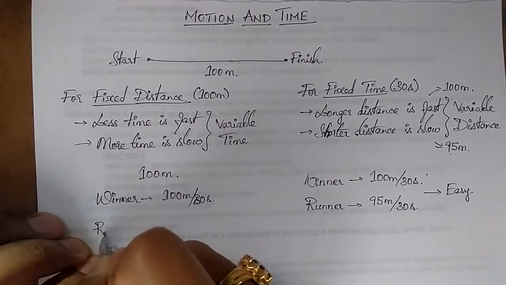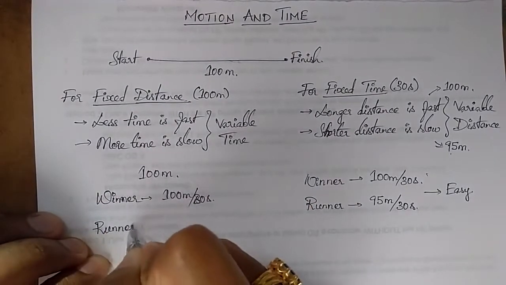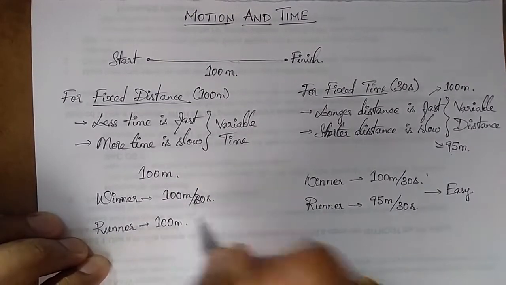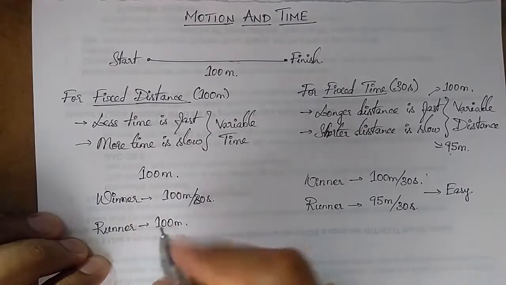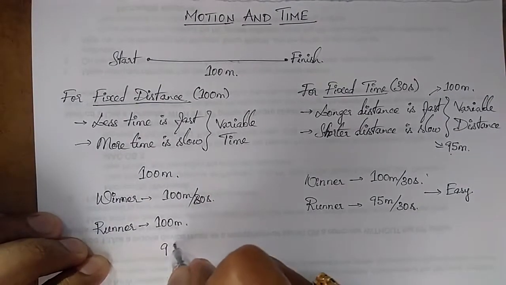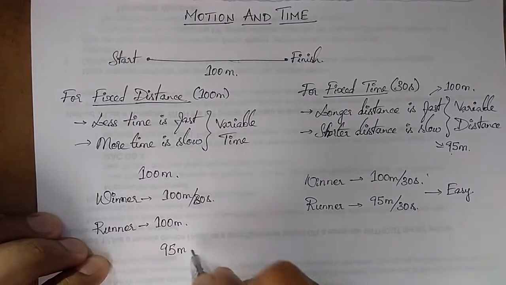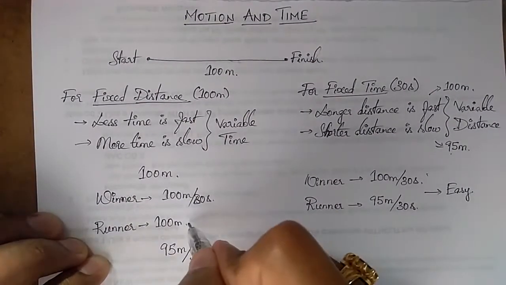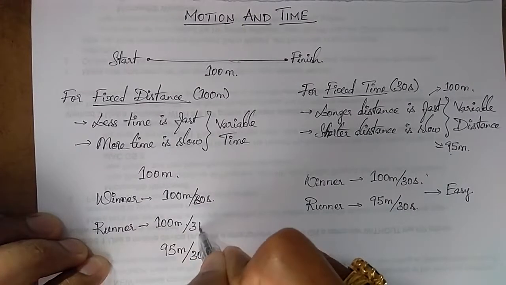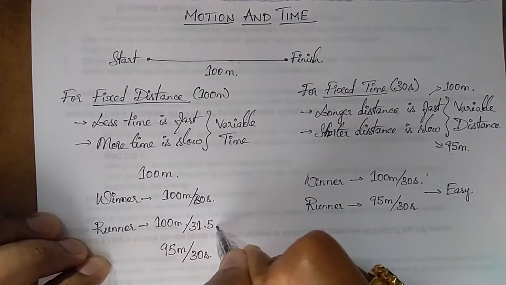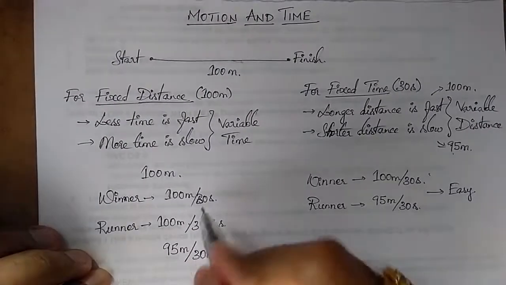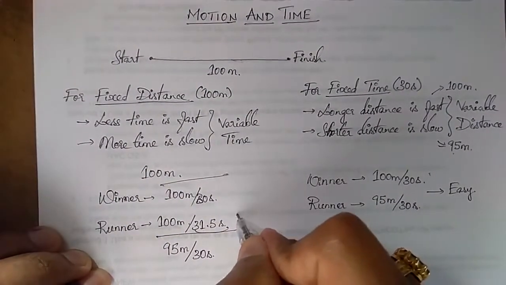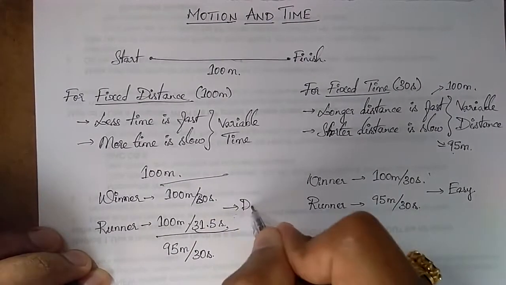But when you are talking about the runner, as you have fixed the distance to be 100 meters, if you are calculating for 100 meters the time of the runner who had 95 meters when it was 30 seconds, for 100 meters he will take 31.5 seconds or so, like that. So there is a difficulty in representing the units.